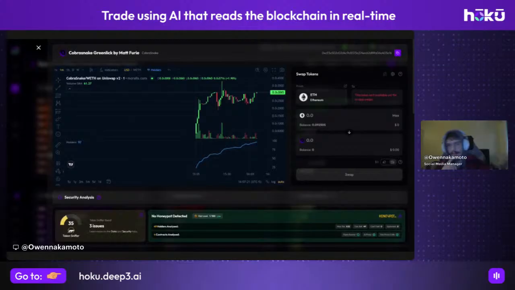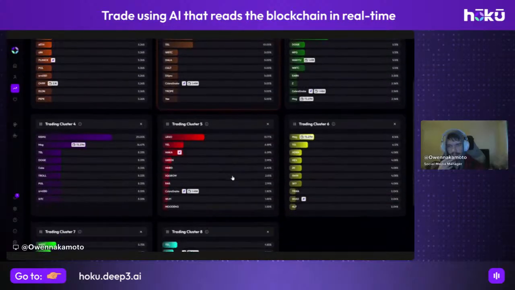So while I wait to sell this bag, let me explain the process of how it came to this conclusion, right? So this coin here just started trending on this one cluster going up. You can see this rocket ship emoji tells me that this is a new token that popped into our system very recently.